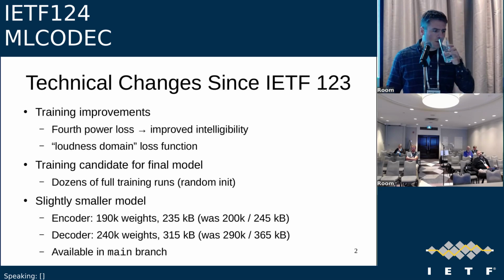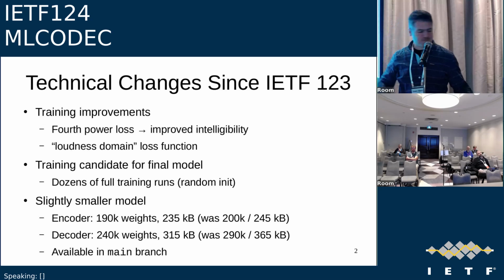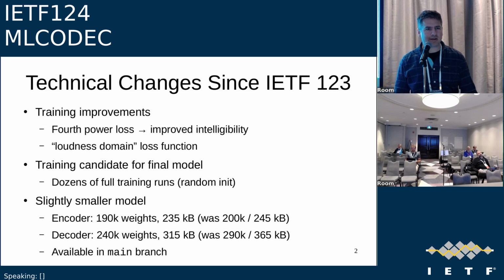With just the standard squared error, when you have very short phonemes, sometimes the encoder decides it's not worth it for such a short period of time and doesn't code it very well. The fourth power improves that, and I think it improves intelligibility. We'll have the results in the next presentation.